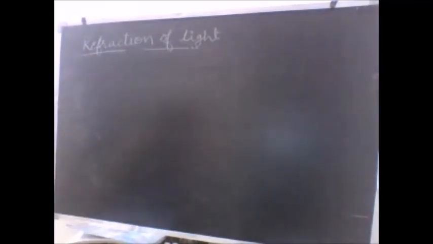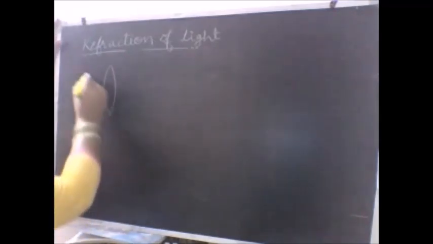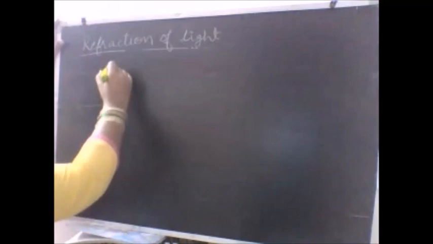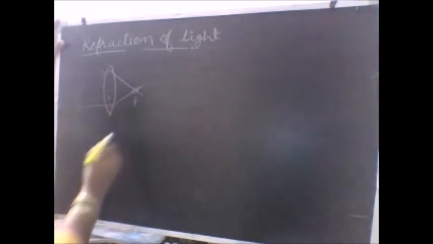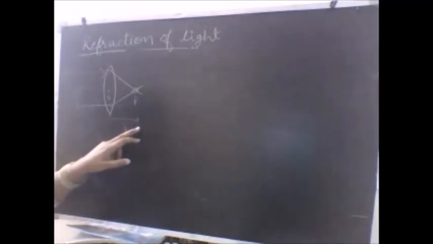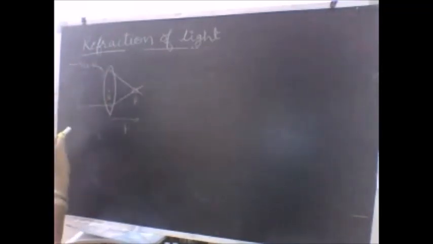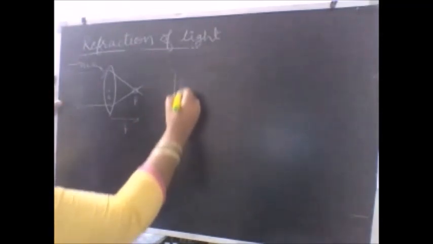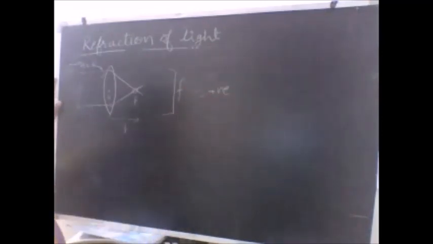I explained that in case you are given a convex lens, since it is a converging lens, and the light rays are taken from left to right, all the light rays are going to meet at the focus. This is the focal length, and this is the direction of measurement of the focal length, and this is also the direction of the incident light ray. Isn't it that both the directions are the same? Therefore the point you have to remember is that in case you are given a convex lens, which is a converging lens, the focal length is always positive.